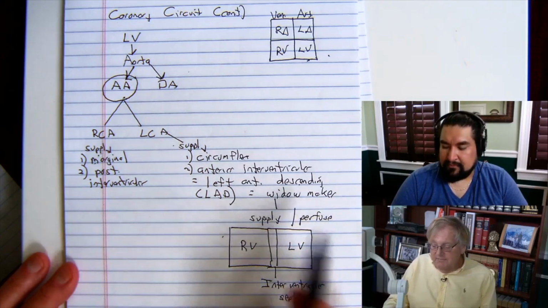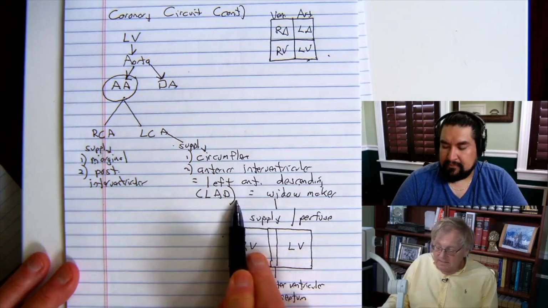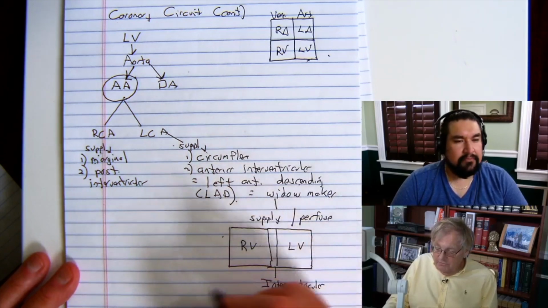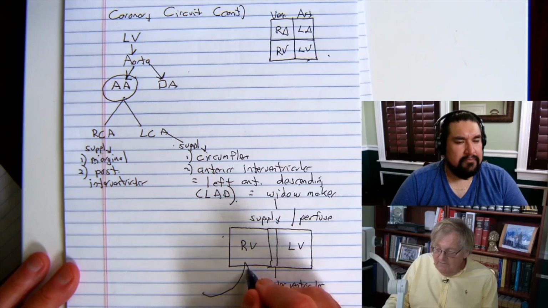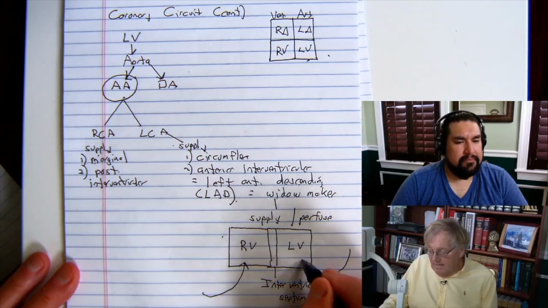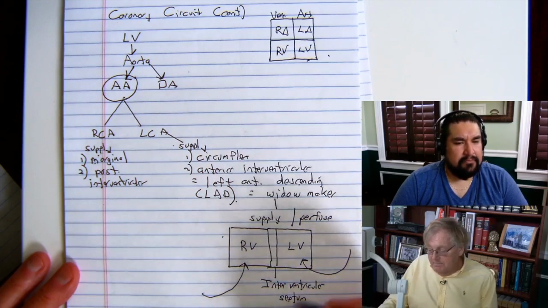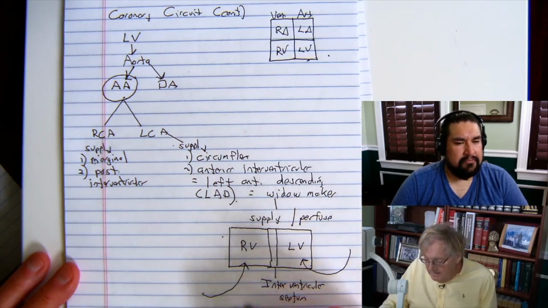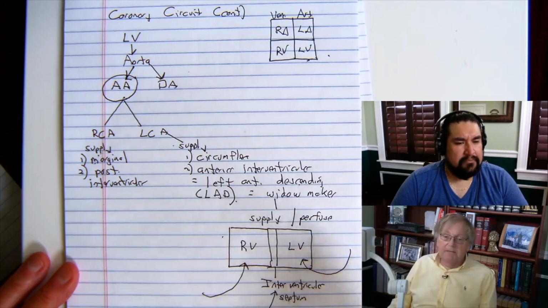And this left anterior descending is going to supply or perfuse the right ventricle, it's going to supply or perfuse the left ventricle, and it's going to supply or perfuse the interventricular septum.